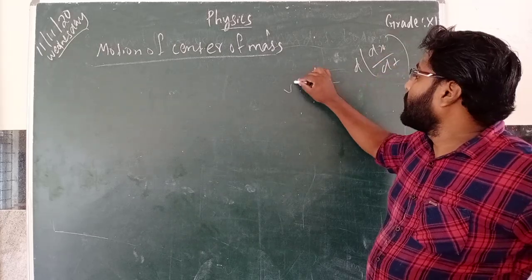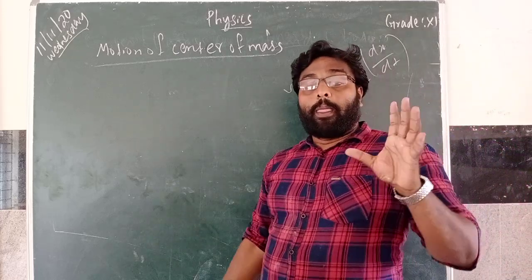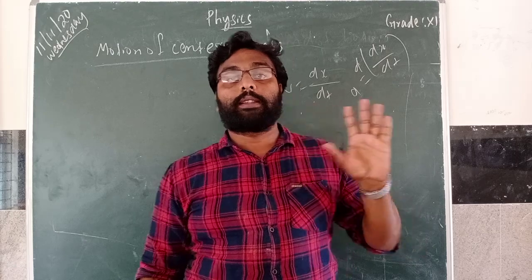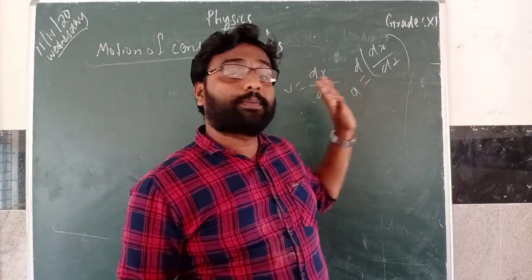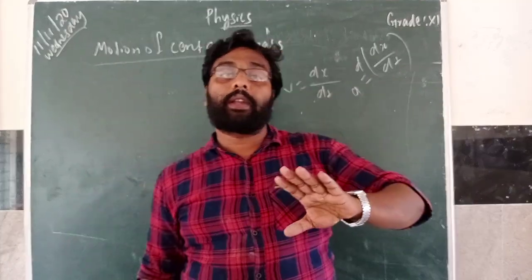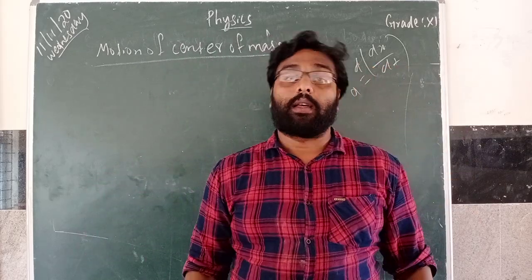So this is the velocity, this is the acceleration. If we differentiate this displacement with respect to time, for the first derivative we get the velocity, and for the second derivative we get acceleration.